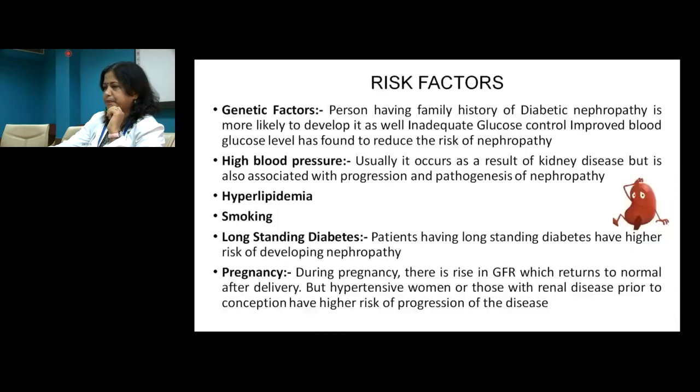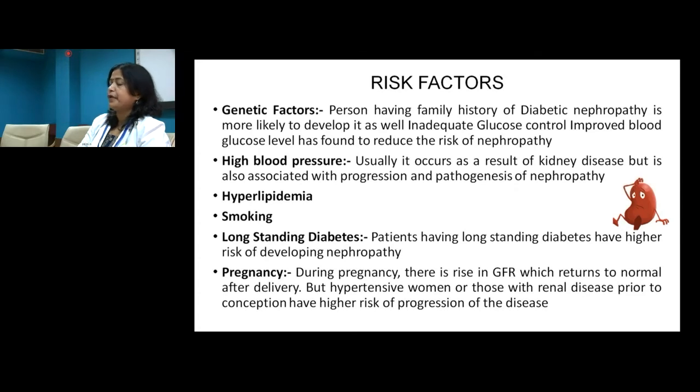And what exactly are the risk factors? The major important factors are genetics, high blood pressure, hyperlipidemia, smoking, long-standing diabetes, and pregnancy. If you want to define the genetic factor, a person having a family history of diabetic nephropathy is more likely to develop it as well. Inadequate glucose control: improved blood glucose level has been found to reduce the risk of nephropathy.